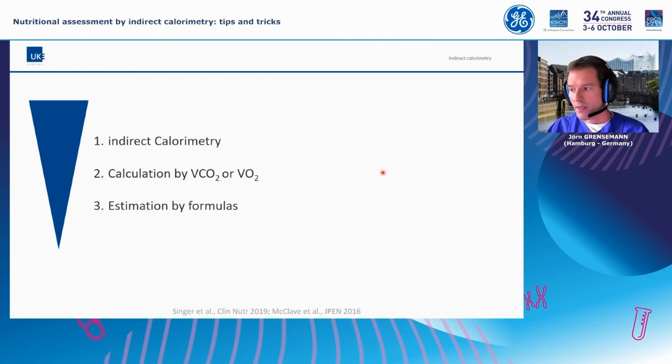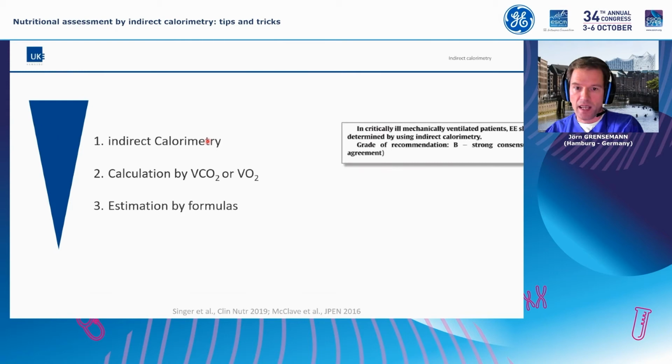And the least I would do is estimation by formulas. I know if you do not have any other option and do not have indirect calorimetry, then you have to do something. But I think the first thing you should do would be to apply to get indirect calorimeters to actually do measurements so you can improve your patient's care.